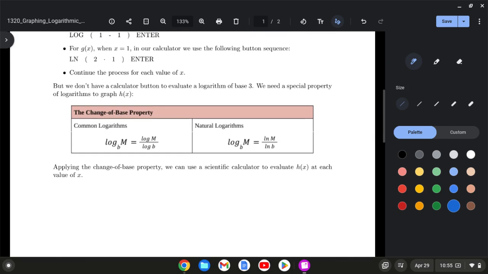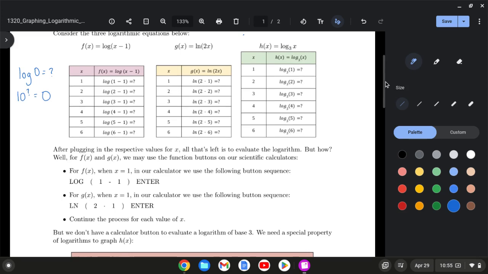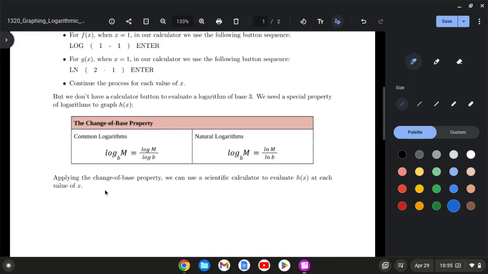There are two different ways you can use change of base, and that is first to get it in terms of a common log. So let me use this example: here we have log base 3 of x. In this case, our b is our base, which is 3, and our m is what we're taking the log base 3 of, which in this case is x.